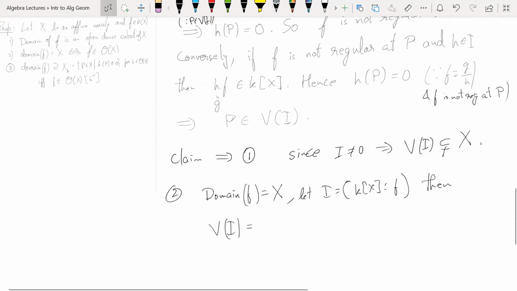So we know that V of I is empty, if the domain of F is the whole of X. Then V of I is empty, and this is by Hilbert's Nullstellensatz. This was one of the consequences of Hilbert's Nullstellensatz. This precisely means that I is the whole ring K[X].